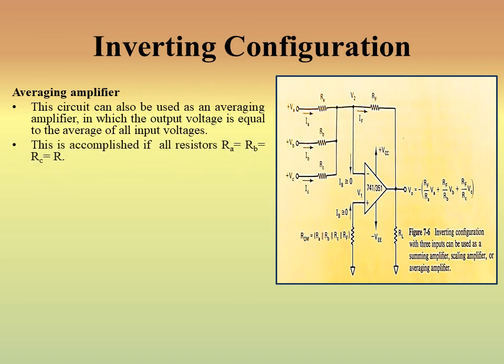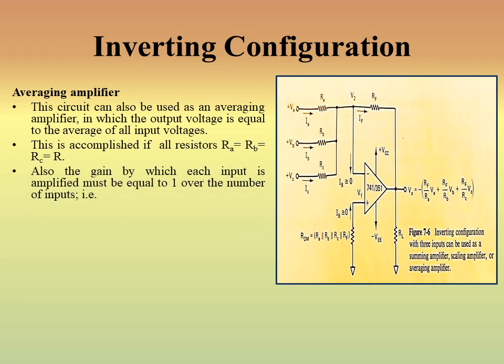This is accomplished if resistors Ra, Rb, Rc all three are equal to R, and the gain by which each input is amplified is equal to 1 over the number of inputs. So what does this mean? This means Rf upon R is equal to 1 by N. What is N? N is the number of inputs.